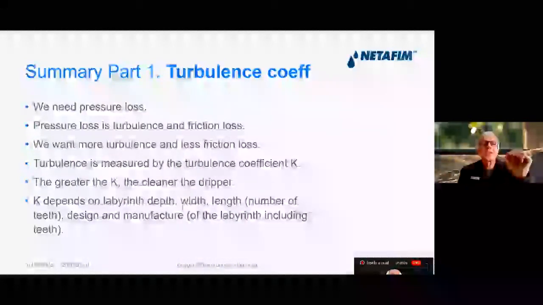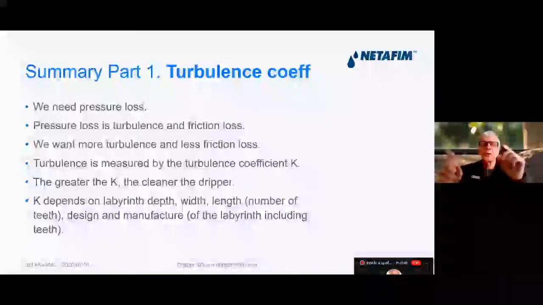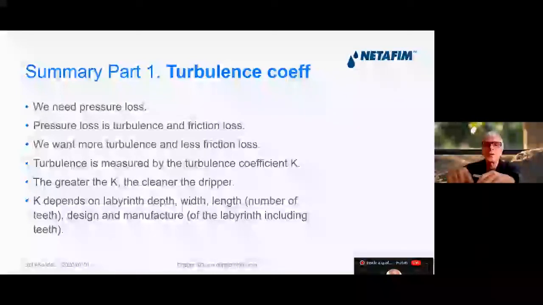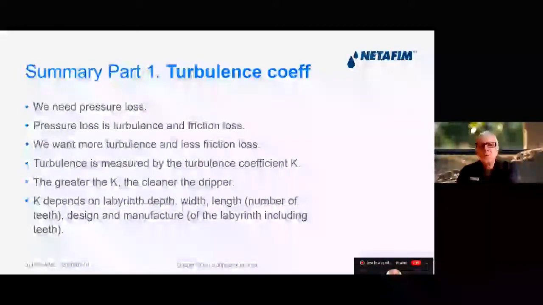And the pressure loss comprised a little bit of turbulence, a little bit of friction loss, a combination of the two. In the dripper specifically, we wanted more turbulence. We wanted to create that washing machine effect and less friction loss. And turbulence we measured by the turbulence coefficient K. And we saw that the greater the value of K, the cleaner the dripper would be.